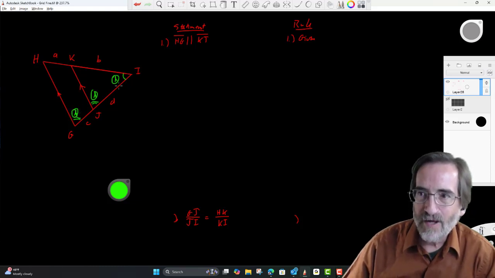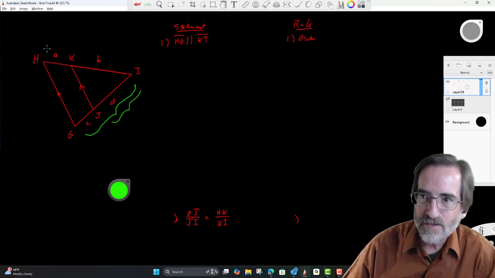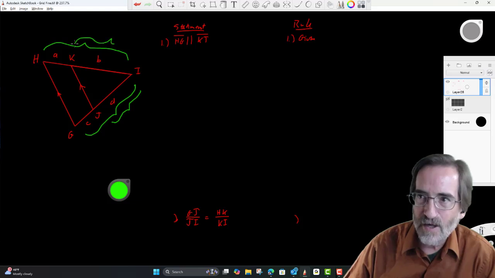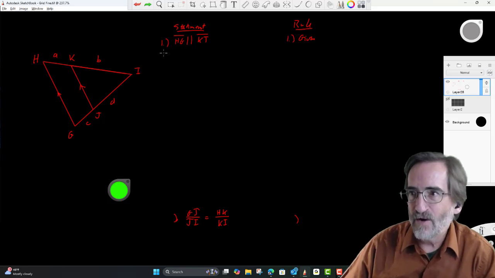And then by angle, the small triangle is similar to the large triangle. Because they're similar, all angles are congruent and all sides are proportional. So I will be able then to write that the whole to the part is consistent. So GI is to JI as HI is to KI. And I think we'll be able to go from there. So that's kind of an outline of the plan.